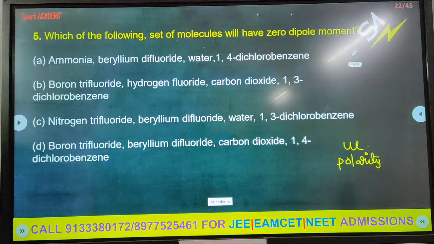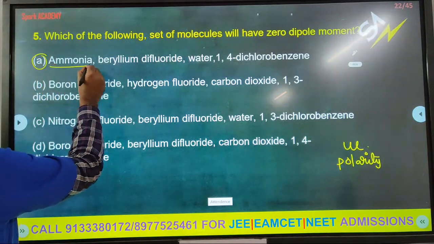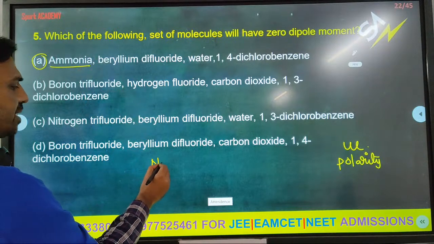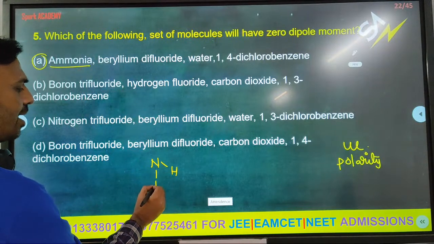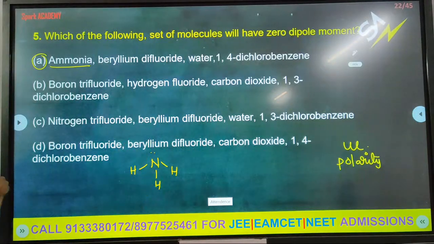For example, see option 1, ammonia. If we see the structure of ammonia, it is a pyramid shape. It is not symmetrical.